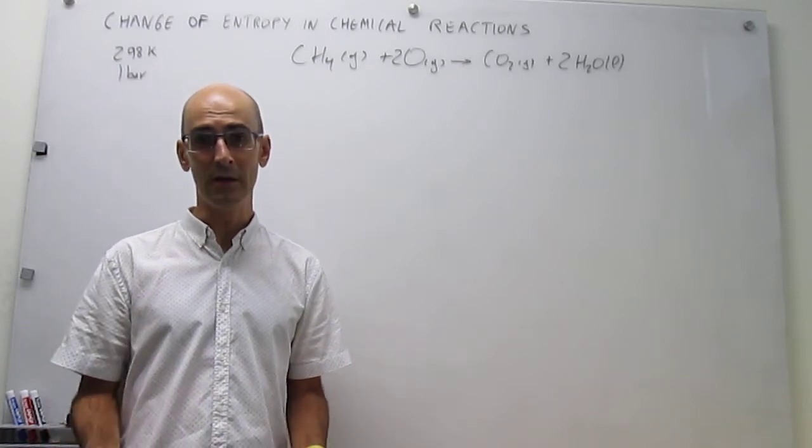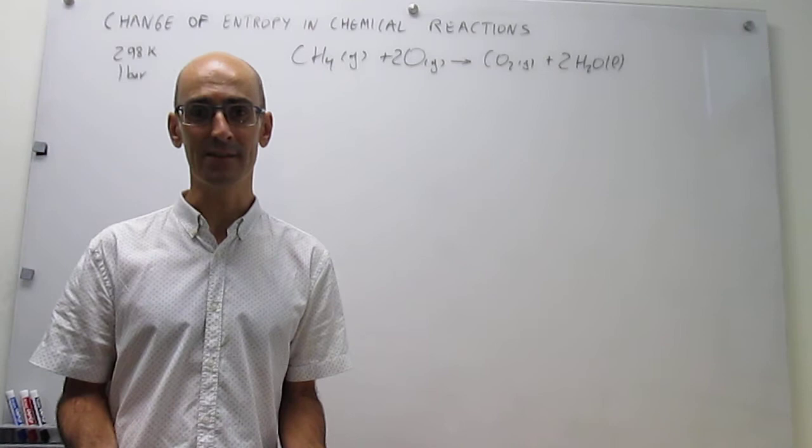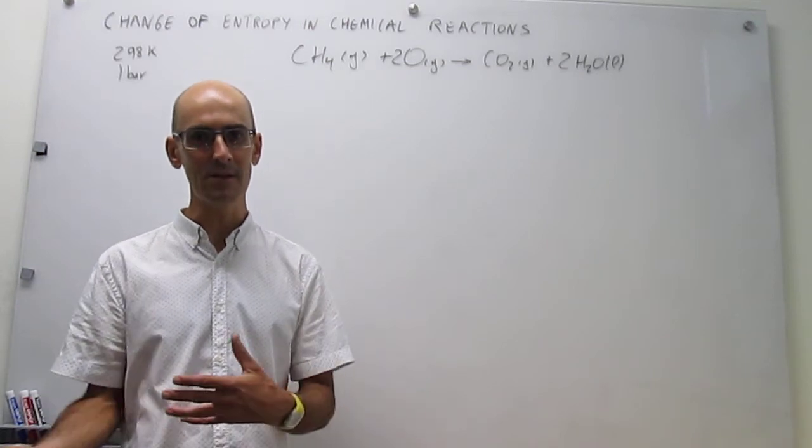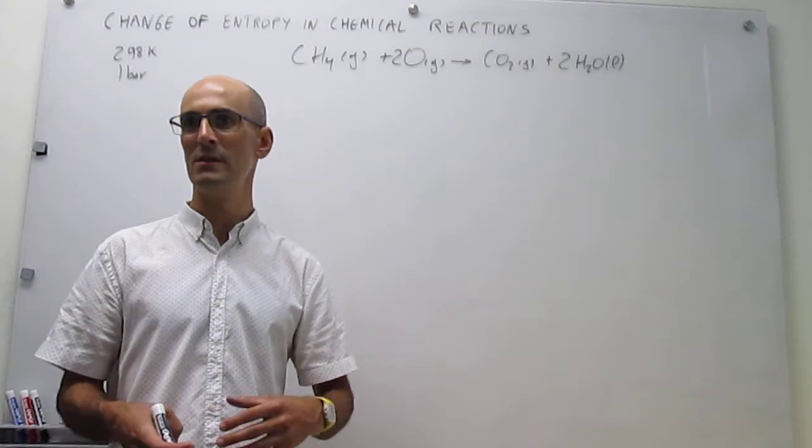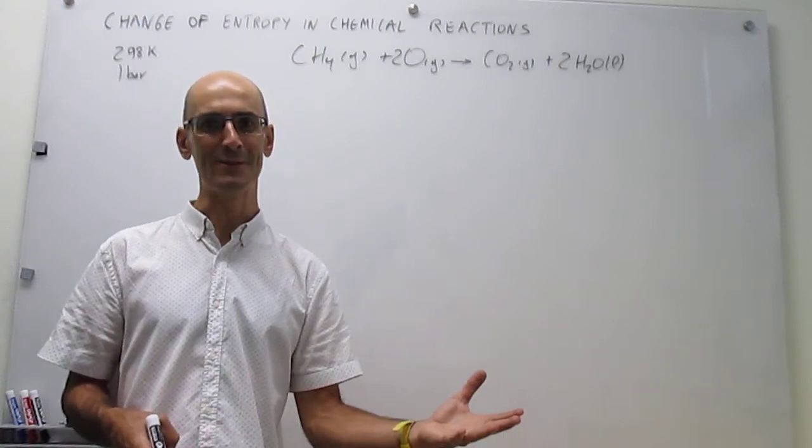Right, so in our case, the final state is products, and the initial state is reagents, so really the change in entropy in the system, that chemical reaction, is just going to be the difference between the entropies of products and reagents.